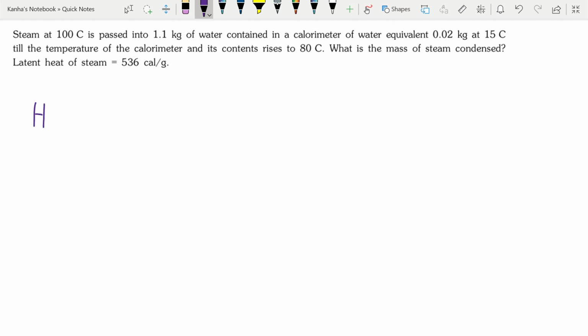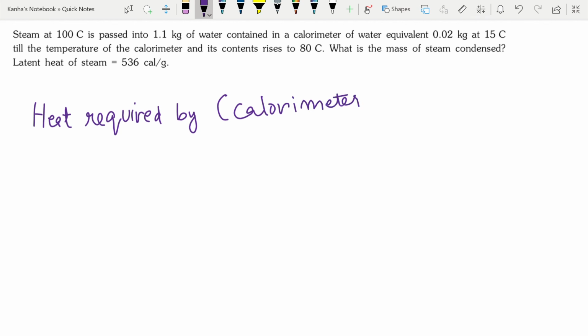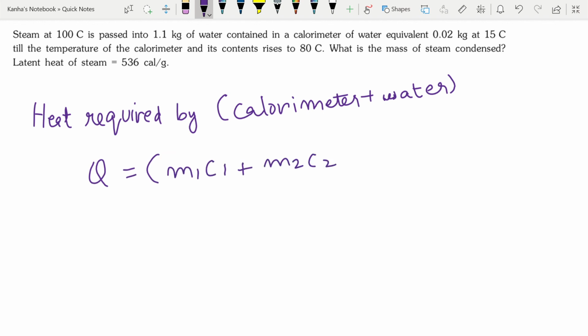Let me just write down the heat required by both calorimeter plus water system, denoted by Q, is equal to M1 into C1 plus M2 into C2, into delta theta.